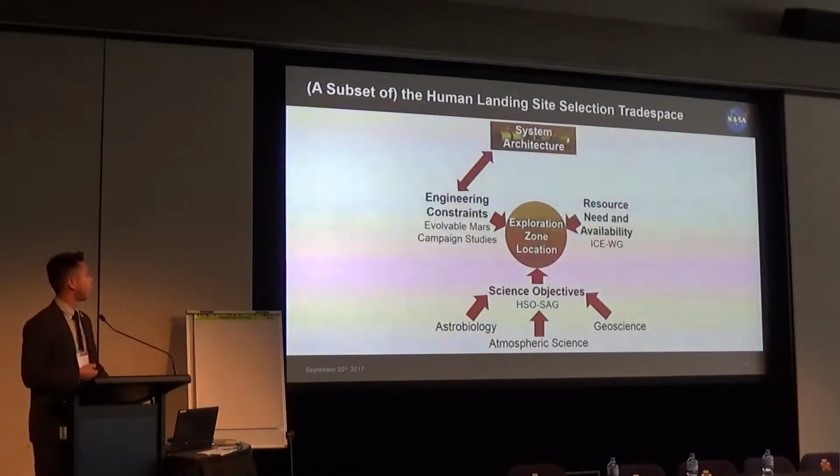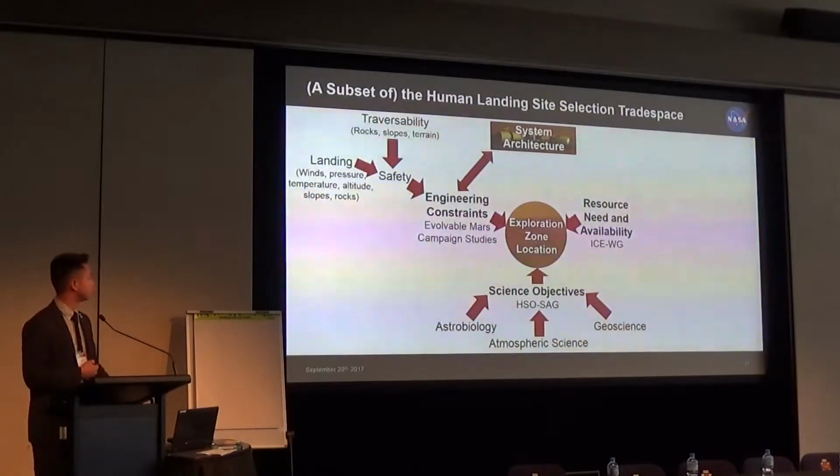Engineering constraints are heavily driven by your system architecture, so there's back and forth cross-dependency here. This entails what your habitat looks like, what your power source is, your accessibility, so your landing system, and then your ascent system. These are those traditional landing site constraints that we think of for rover missions.